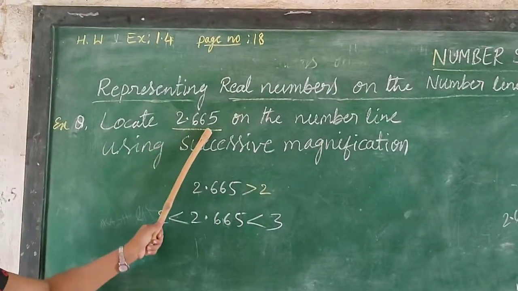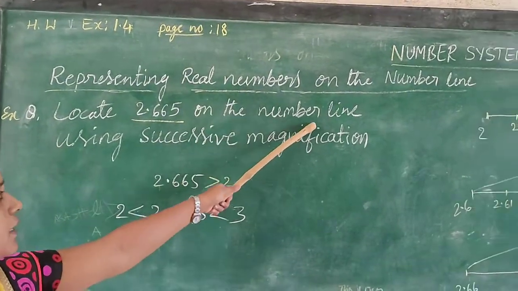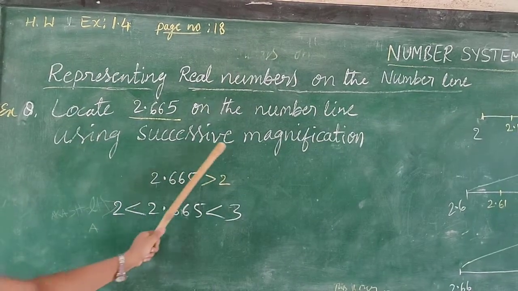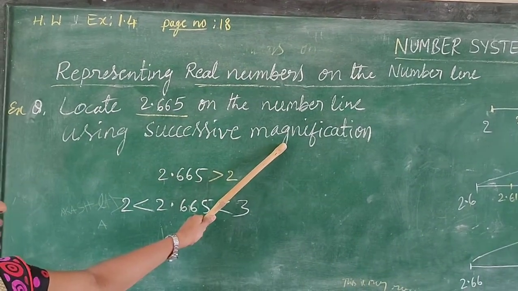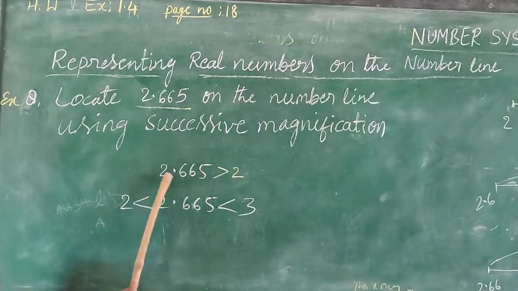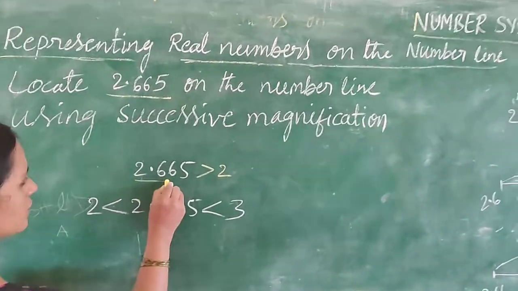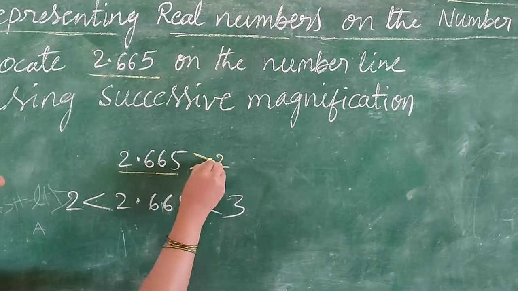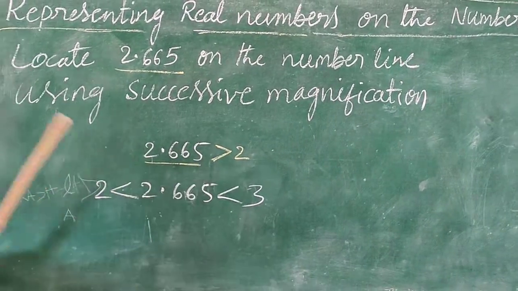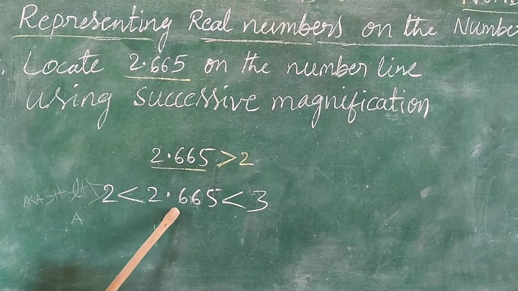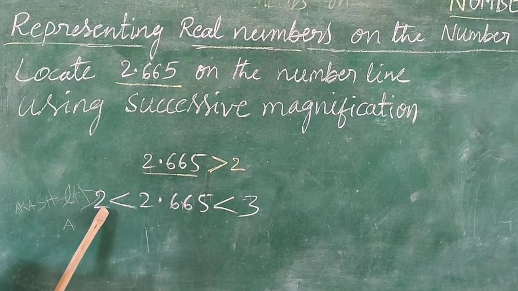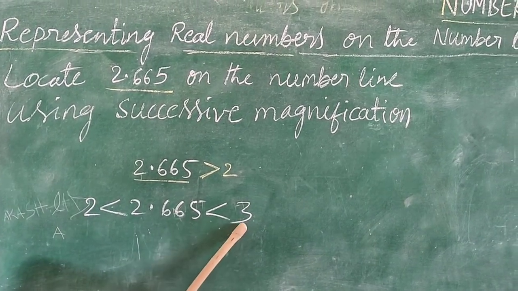Locate 2.665 on the number line by using successive magnification. You write 2.665. You can observe this one. This 2.665 is greater than 2. That's why it can be written as 2.665 is greater than 2 and less than 3.